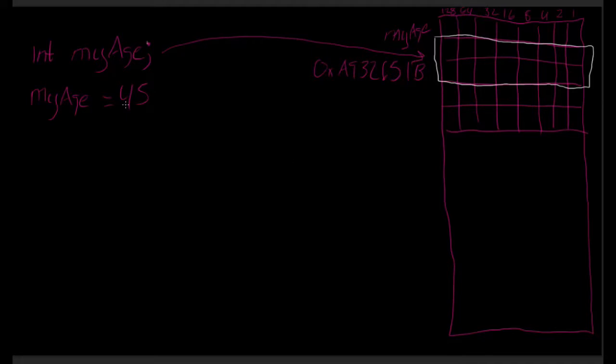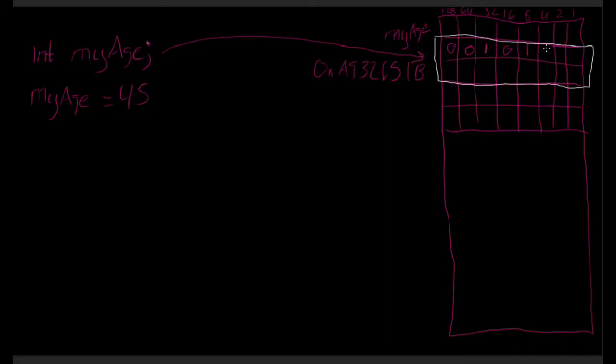So if I was putting the value of 45 into MyAge, now the computer's going to go, okay, so I need 32. There's no 16s. There's obviously no 64s. Let's see, 32 and 8 gives us 40.